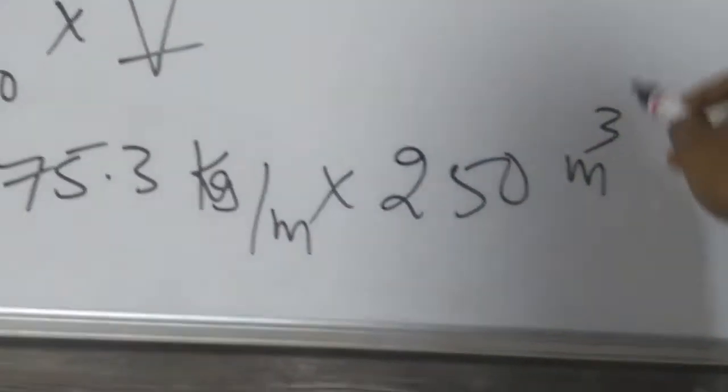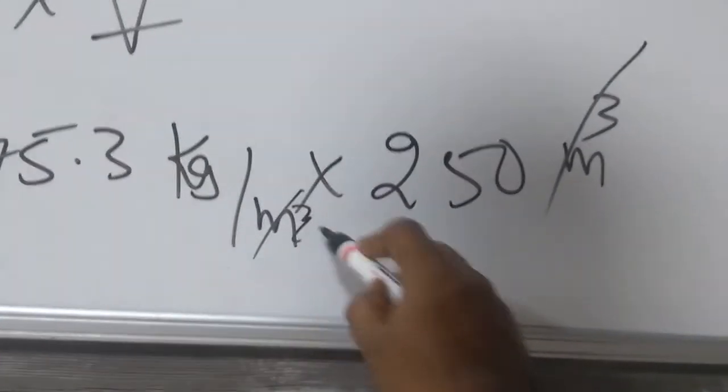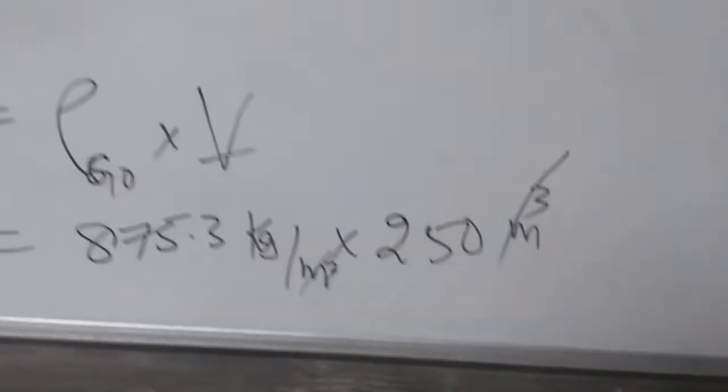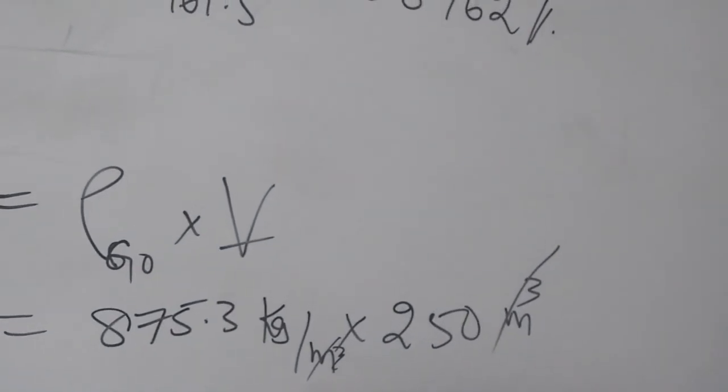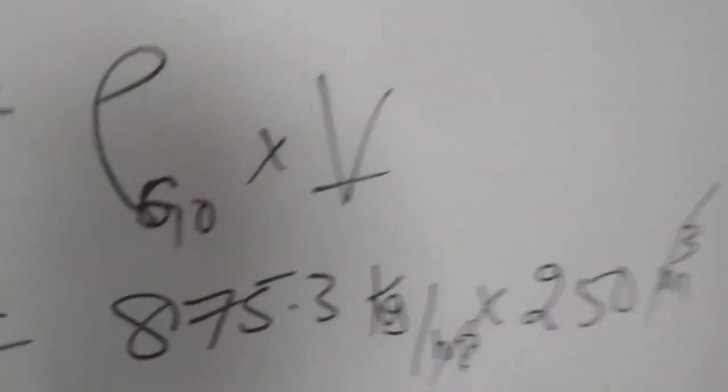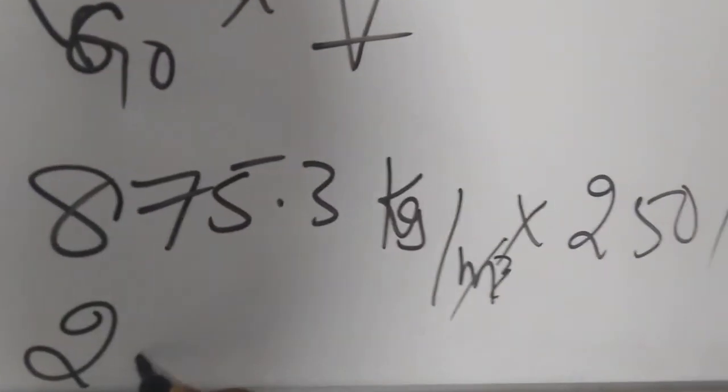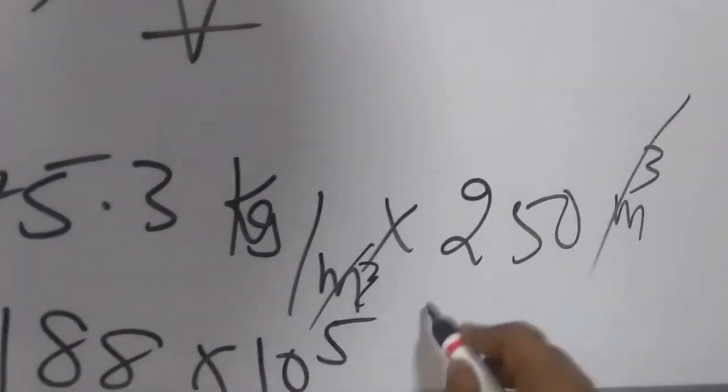So meter cube gets cancelled, and we will get 2.188 into 10 power 5 kg.